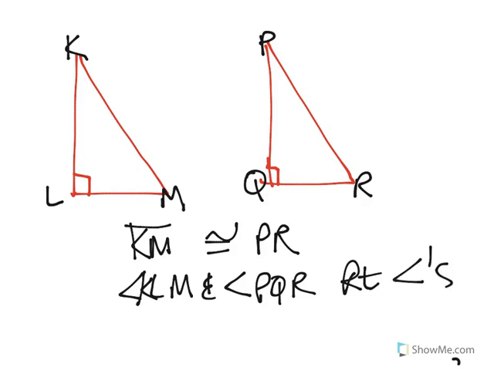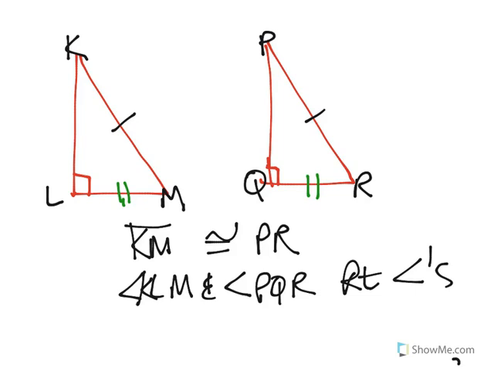Is that enough to tell us anything about these triangles? Well, no, not really, because all we have is a hypotenuse and an angle. We would need at least another leg right here. So we could do hypotenuse leg.